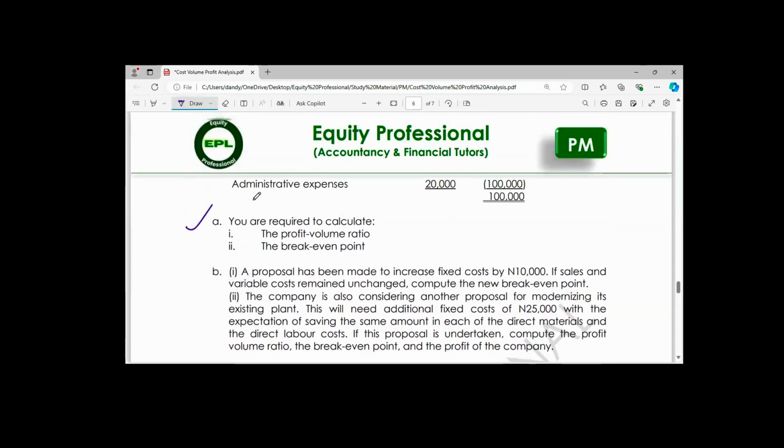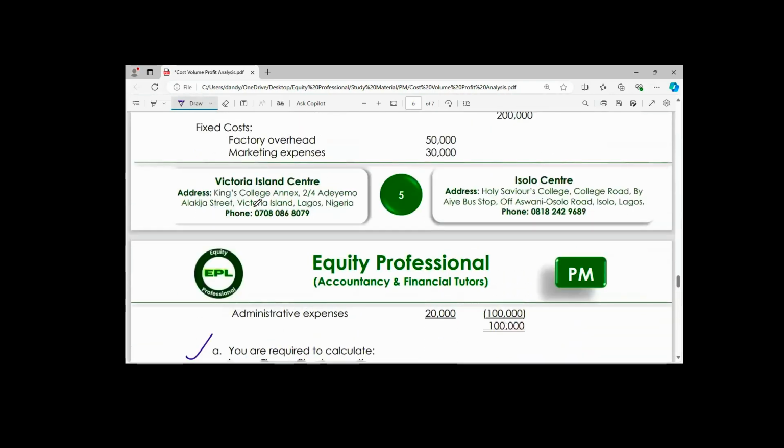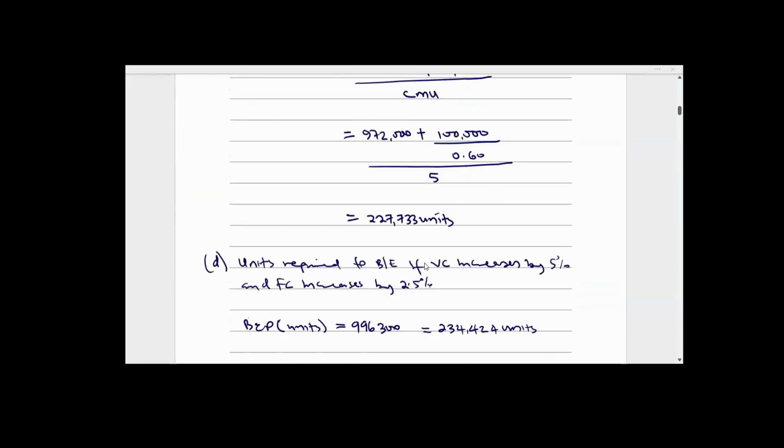Yes, that is the question. So in the A requirement, the examiner wants you to calculate the profit volume ratio. Let me stop sharing this and move to the working notes. So we want to calculate profit volume ratio.